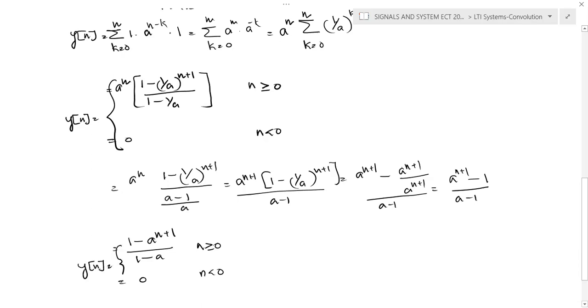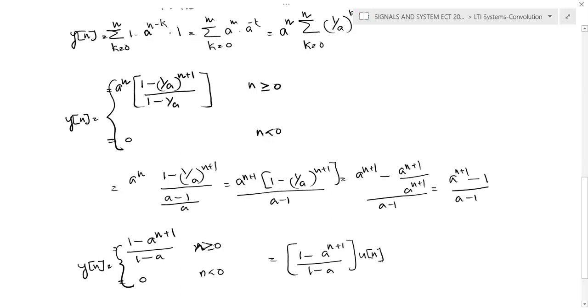And you can write it in one more form. If there is a signal for n greater than or equal to 0, you can write it in another form without writing the two limits. You can simply write 1 minus a raised to n plus 1 divided by 1 minus a into u of n.